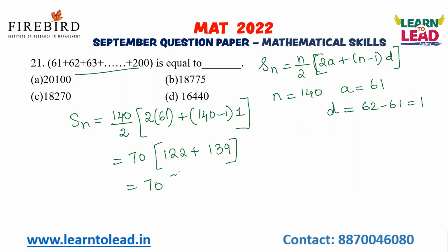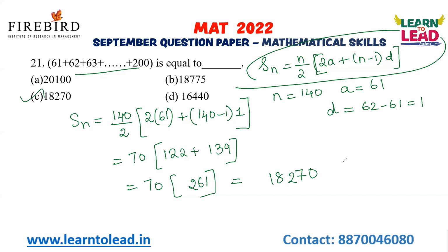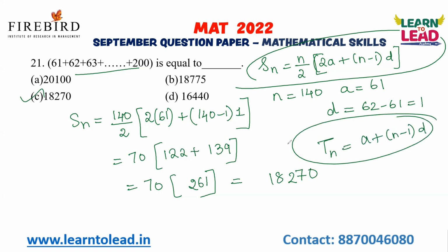So 70 into 261. Then the answer is 18270. So you should remember this formula for finding the sum of n terms: n by 2 into 2a plus n minus 1 into d. To find the nth term, the formula a plus n minus 1 into d is the formula to find the nth term of the series.